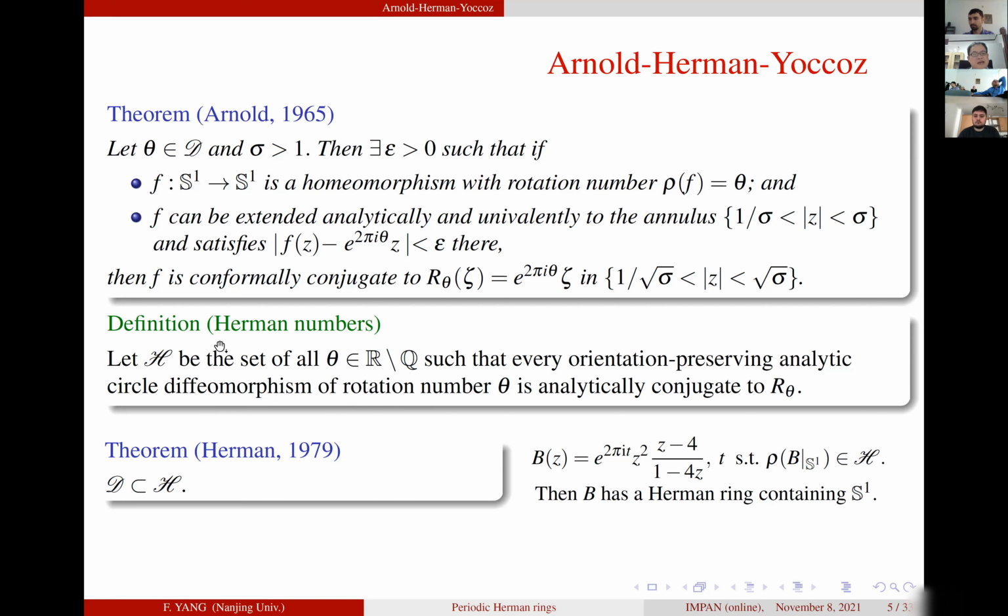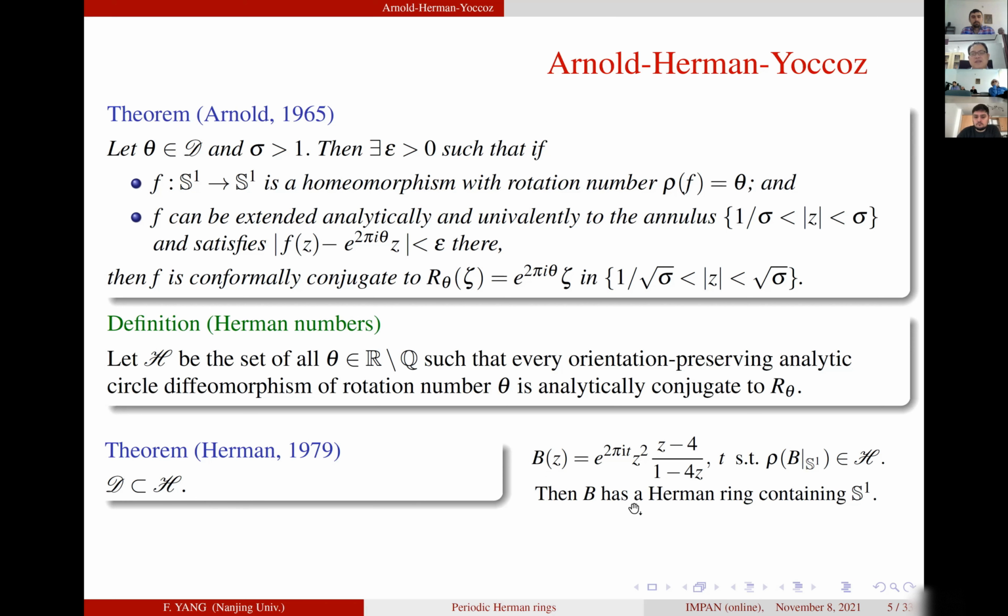And therefore, by Herman's definition and Herman's theorem, we know this B has a Herman ring containing the unit circle. We know B has a fixed Fatou component containing the unit circle, and this Fatou component must be a Herman ring or a Siegel disk.